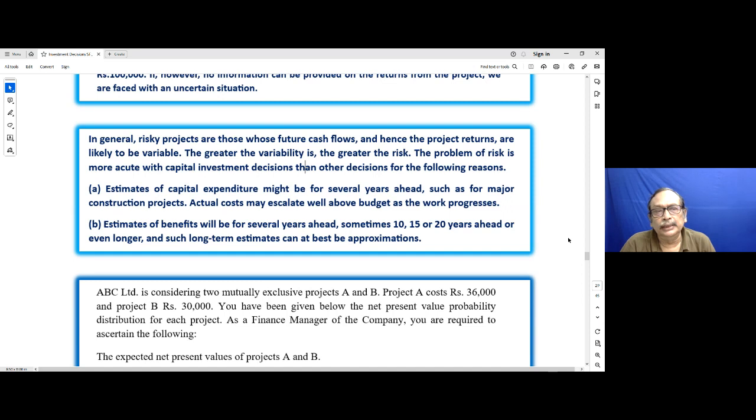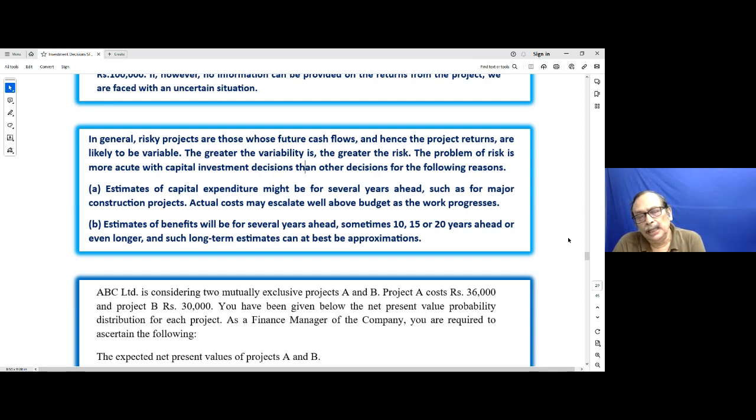The problem of risk is more acute with capital investment decisions than other decisions for specific reasons. Estimates of capital expenditure might be for several years ahead, such as for major construction projects. Actual cost may escalate, that is increase, well above budget as the work progresses.